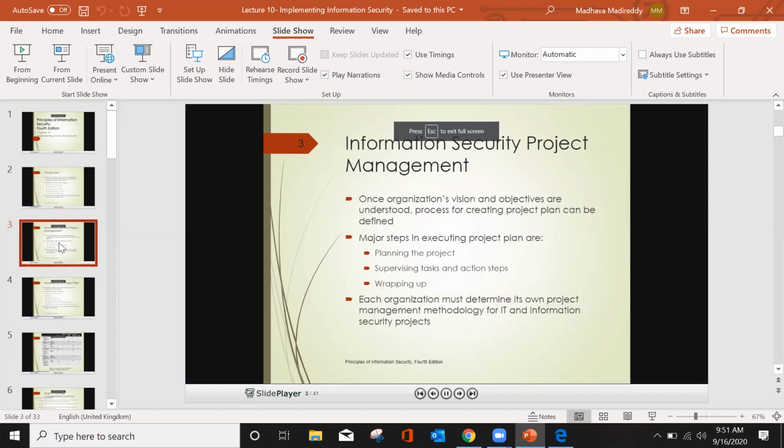So security project management is usually done as a project plan, right? The first step is planning the project. Then we investigate what tasks must be taken and we supervise them as they go along. And finally, we wrap up the implementation of the security management plan.